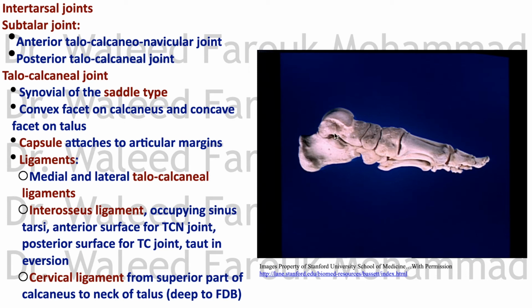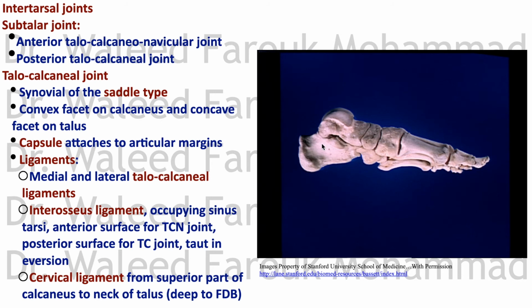It's filled up by the interosseous ligament between the calcaneus and talus, the superior surface of calcaneus and the inferior surface of talus. Okay, the anterior surface of this ligament belongs to the surface of the talocalcaneonavicular joint, and the posterior surface of this ligament is for the talocalcaneal joint.